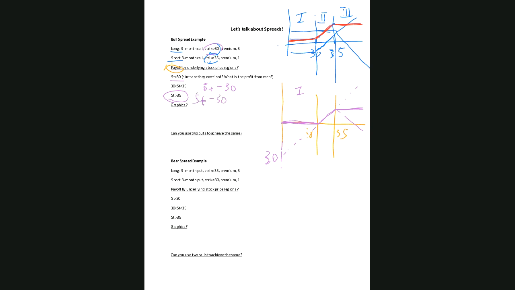And for the short one, it's going to be 35 minus ST. So the two of them added together will be just 5 as a constant. So the graphic is shown in here with this point being 5.